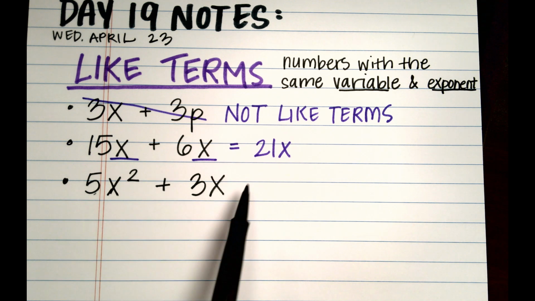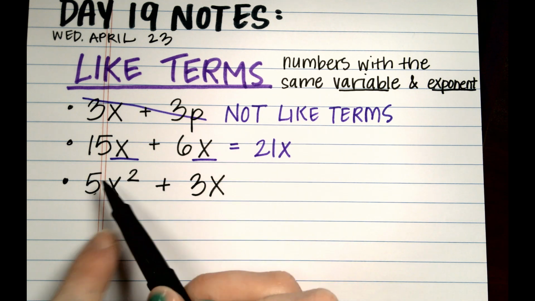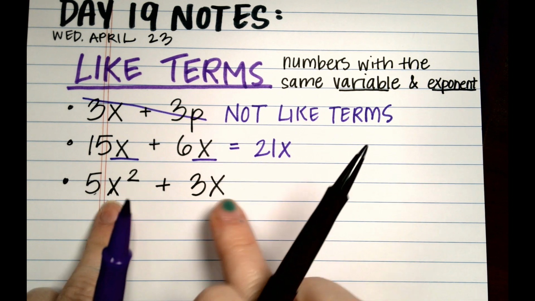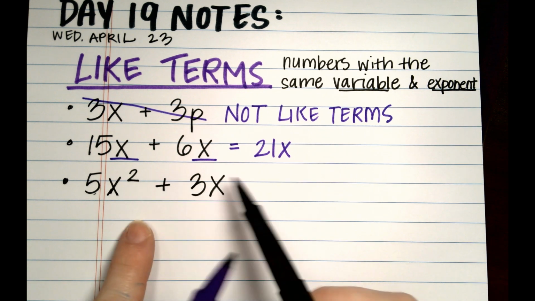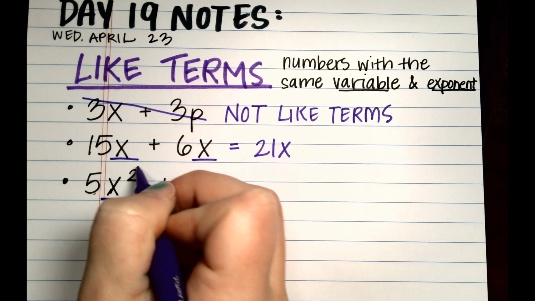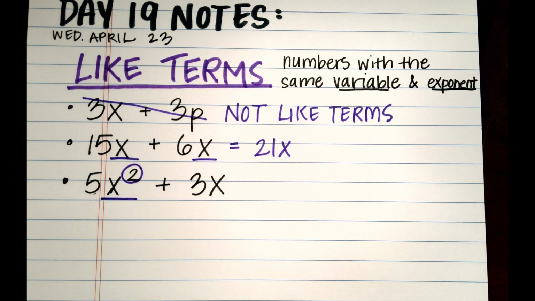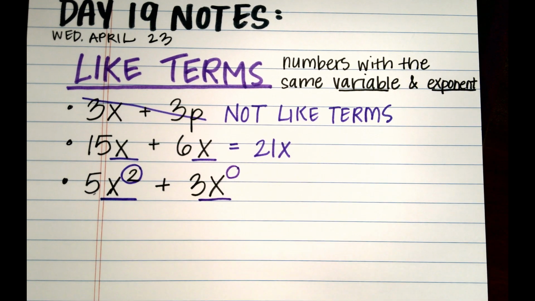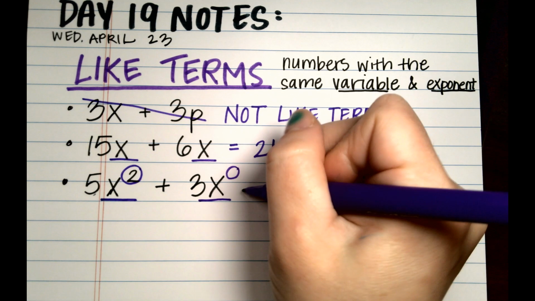Why are these not like terms? Yes, only my first term has an exponent. Even though they both have an x, they don't both have x squared. So whenever we have an exponent attached to our variable and the other one doesn't, these are not like terms. We cannot add or subtract them.